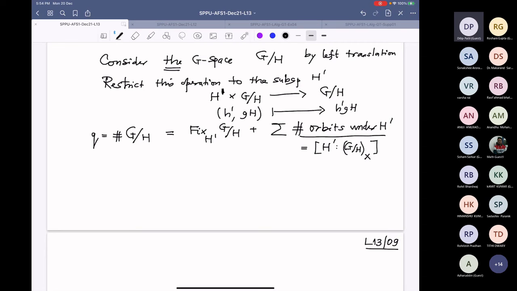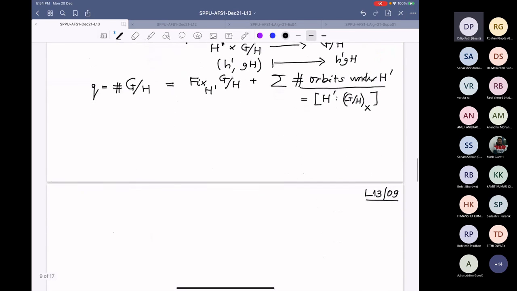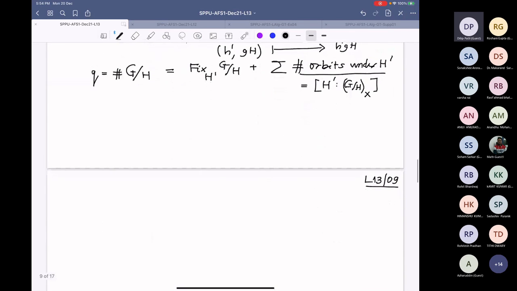And H prime is a P group. The order of H prime is P power beta. So it's a P group. And so these indices are more than one, because the orbits are bigger than one. So therefore they are all divisible by P. P divides all of them.